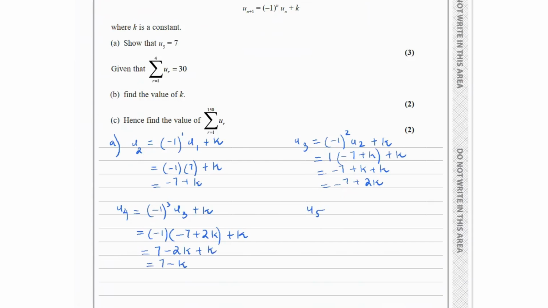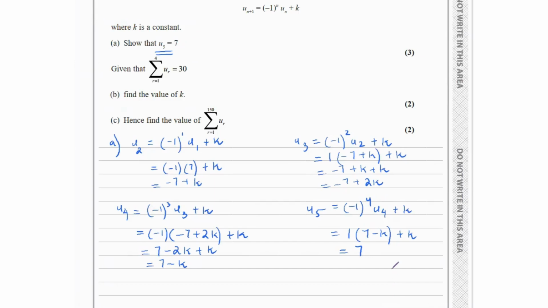So finally, u5 is going to be negative 1 to the power of 4 times u4 plus k, which is going to be 1 times 7 minus k plus k, and that is 7. This is exactly what the question wanted us to prove, and we got that answer.